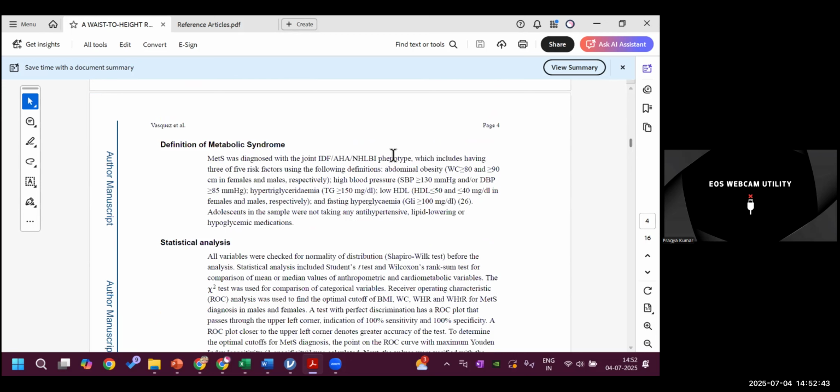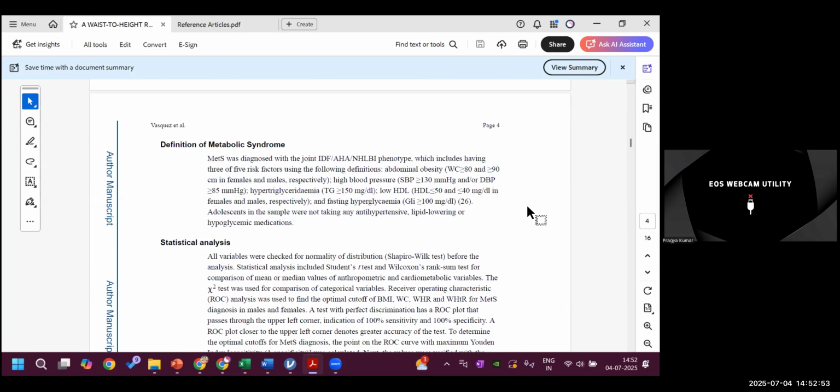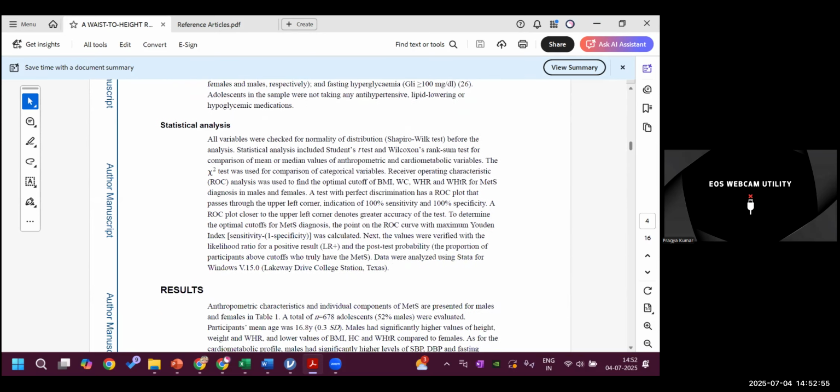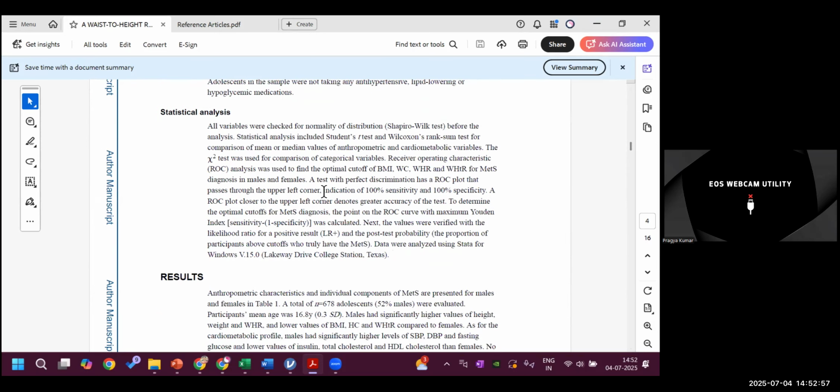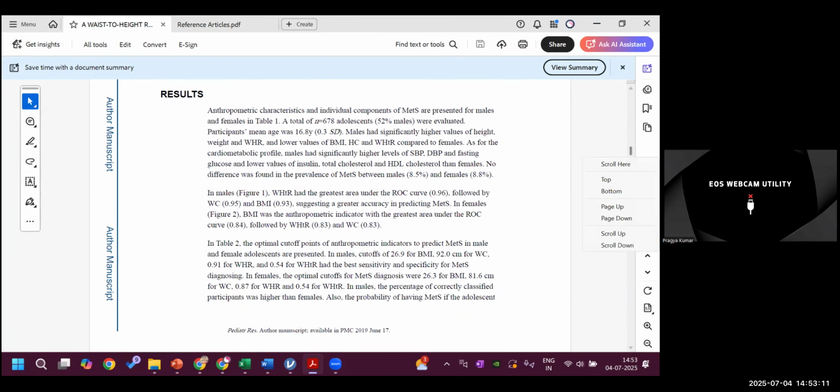So for metabolic syndrome, they have used these 5 risk factors: abdominal adiposity, high blood pressure, hypertriglyceridemia, low HDL, and fasting hyperglycemia. And in the statistical analysis, they have performed the ROC curve, and they have calculated all the diagnostic accuracy statistics, which are sensitivity, specificity, predictive values, likelihood ratios, and the accuracy.